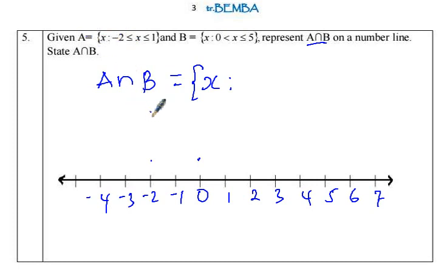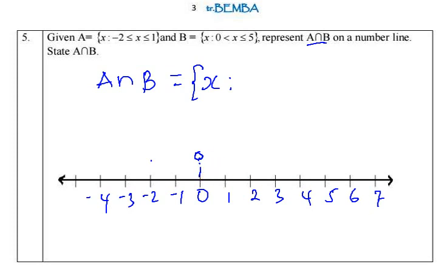We don't know whether it should be only integral values. So elements that are on this side cannot be in the intersection because we don't have them in the second set B. But at least 0 is also in this first set here. So I'll come at this point, and I indicate that this is part of the intersection.